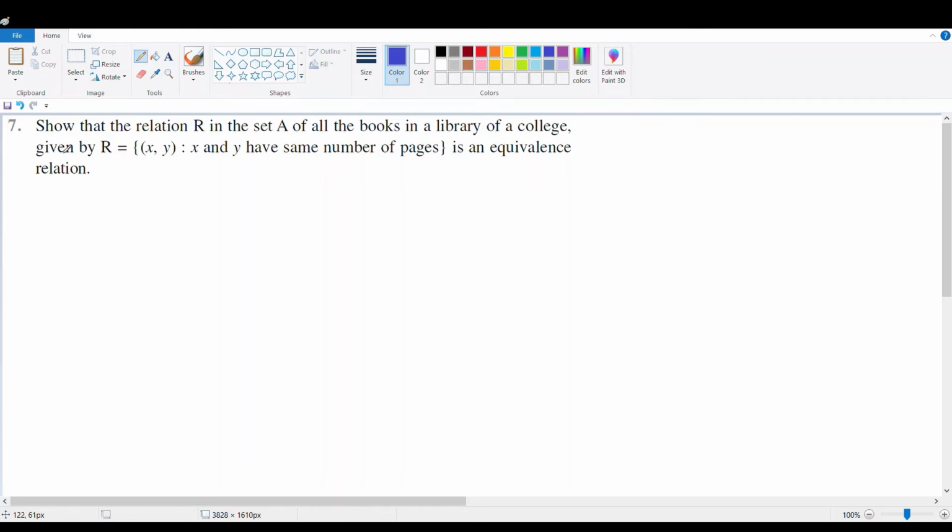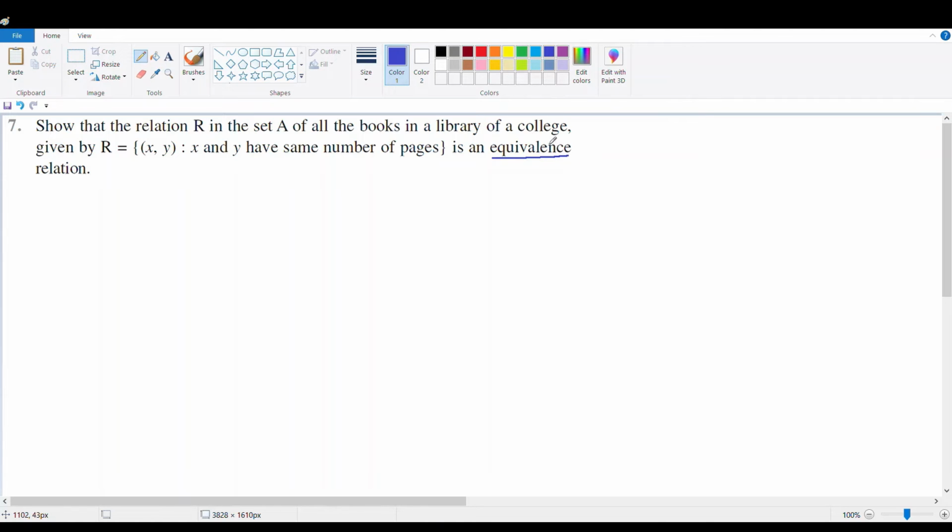Question 7. Show that the relation R in the set A of all the books in a library of a college, given by R equals {(x, y): x and y have the same number of pages}, is an equivalence relation. Now, what is an equivalence relation?